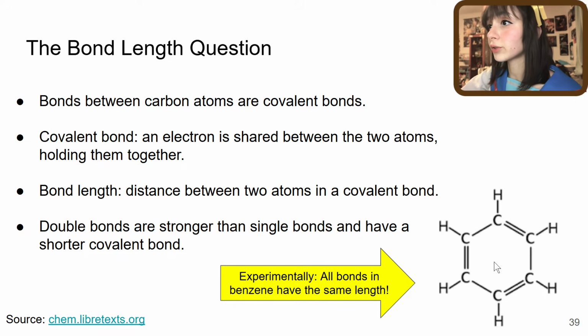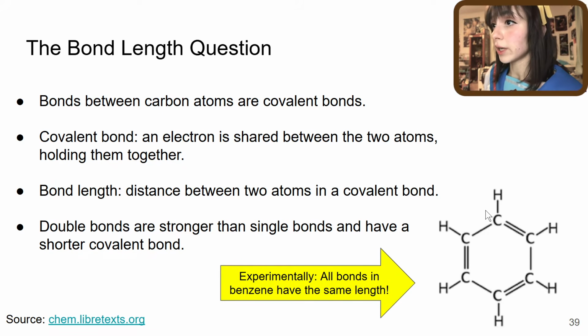However, this is actually not the case. How they know that this is not the best representation of what this looks like in real life is that they actually measured the bonds between all of these carbon atoms.